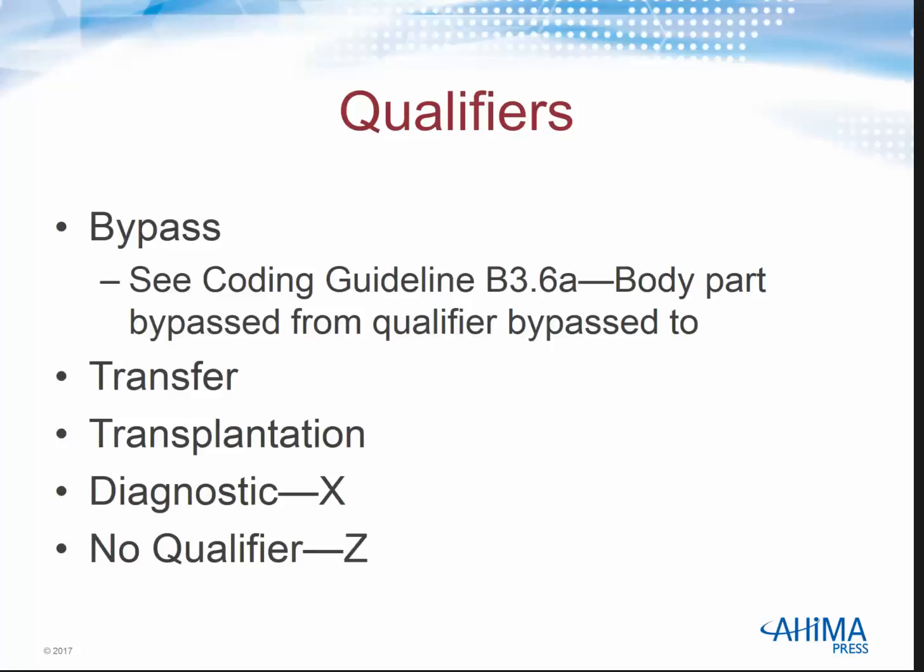So when we do bypass procedures in the GI system, the body part bypass from and the body part bypass to is what we're looking at. The fourth character value, body part, specifically identifies the body part bypass from, and the qualifier specifies the body part bypass to. And again, this would be a factor specifically if a patient had a gastric bypass type procedure.